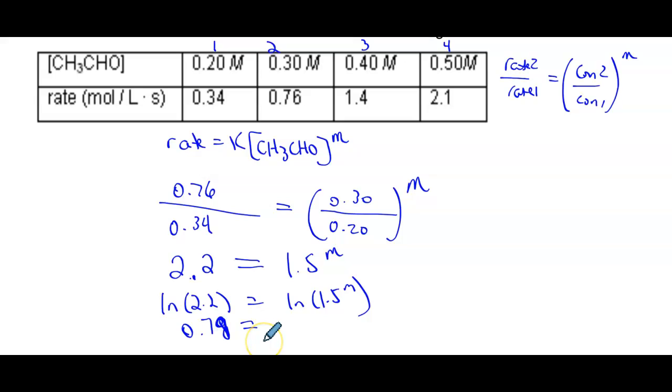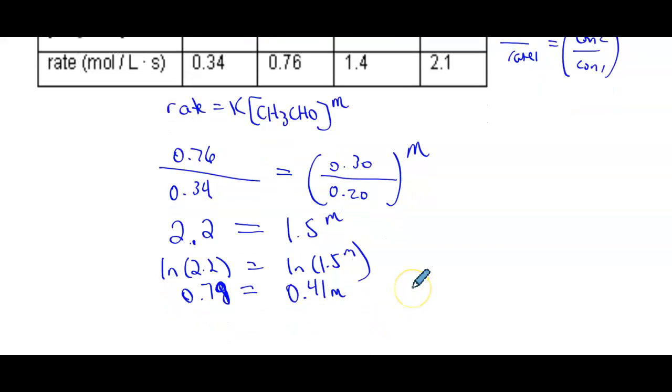I'm going to go grab another calculator in a moment, but let me finish this. Then the ln of 1.5 would be 0.41, and the m comes down when I take the ln of both sides. Now we're going to solve for m: 0.78 divided by 0.41, and I get, with 2 sig figs, 1.9 equals m.